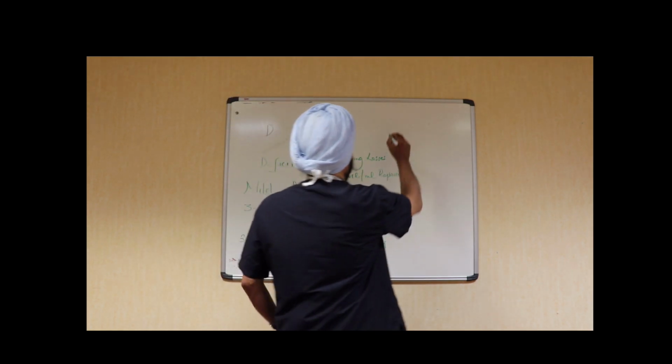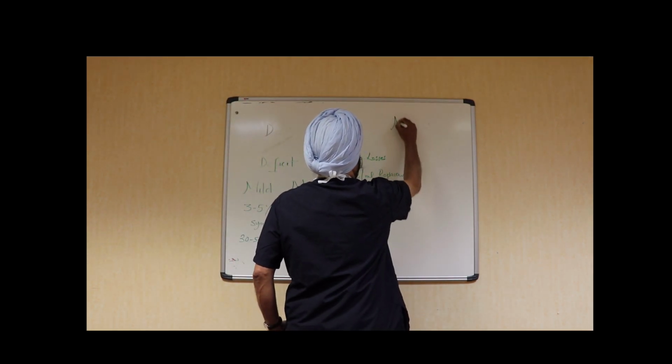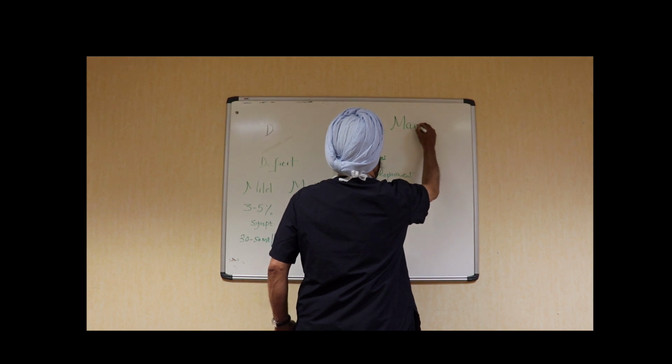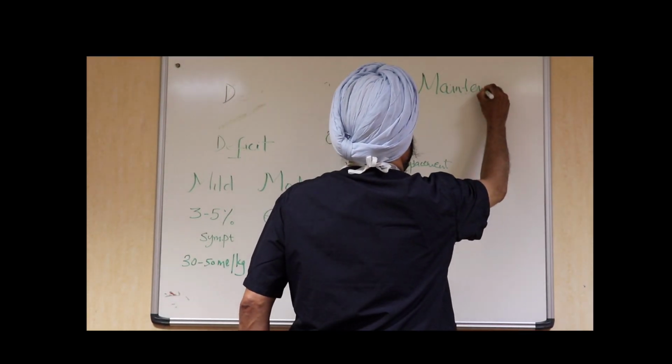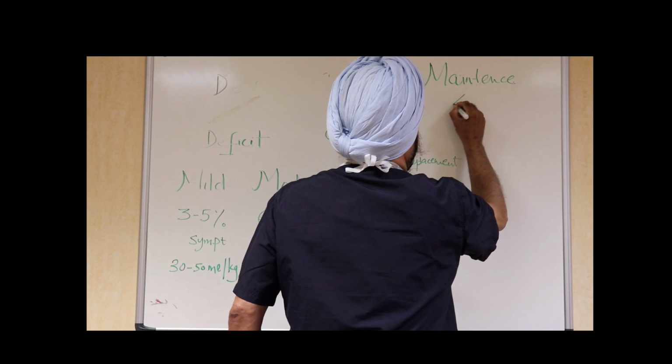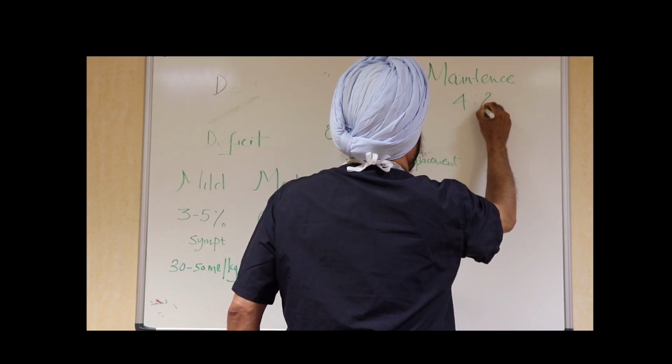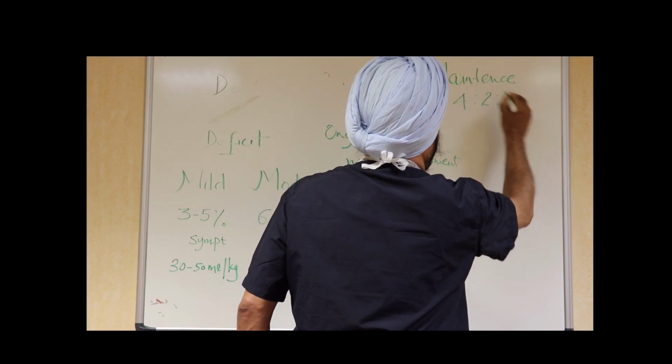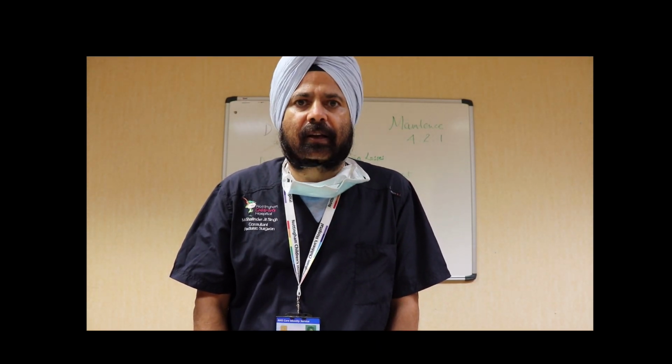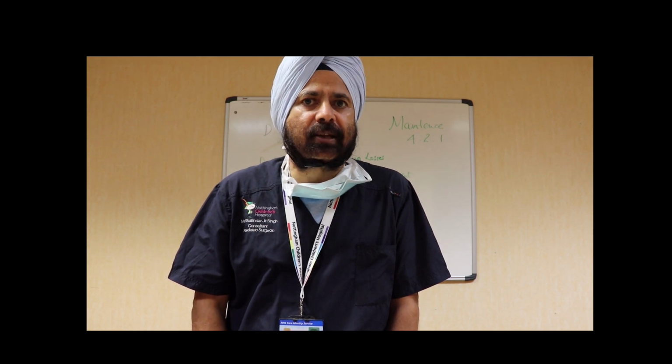Now we come to the third category of losses, which is called the maintenance fluid. Now, maintenance fluid is written by a formula which is called the 4:2:1 rule. And if you understand this rule, you will never be afraid of writing a maintenance fluid for any child or any person of any age, because this formula is based on the weight.